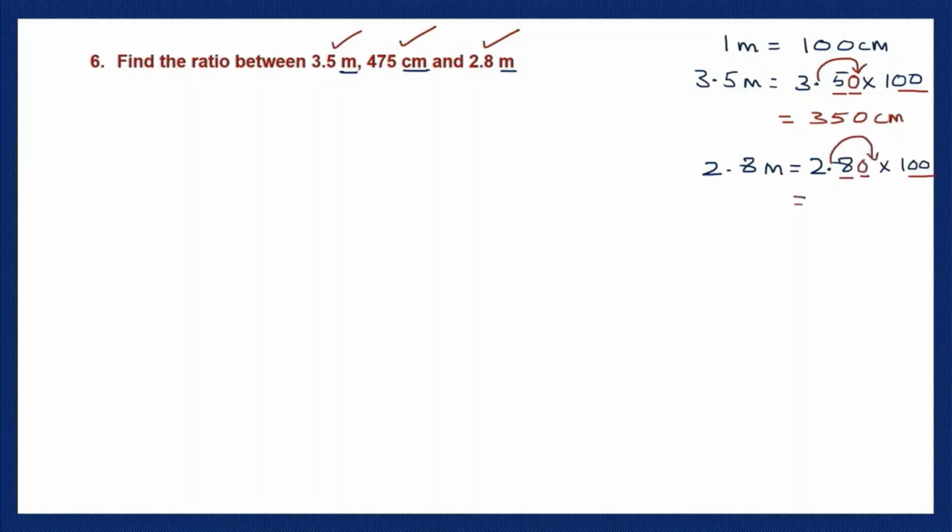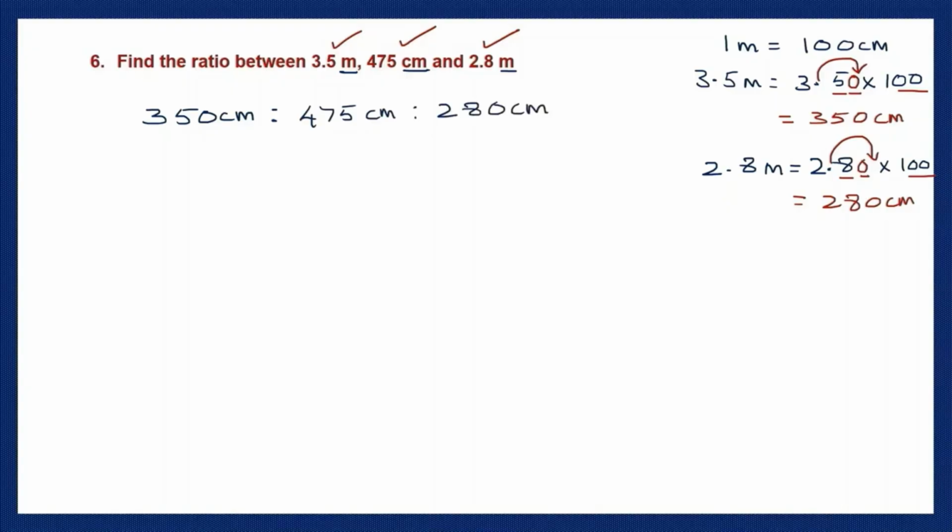My answer is 280 centimeters. Now I've got all three in the same unit. The first one is 350 centimeters is to 475 centimeters, which is already in the question, and the next one is 280 centimeters, which we have converted.